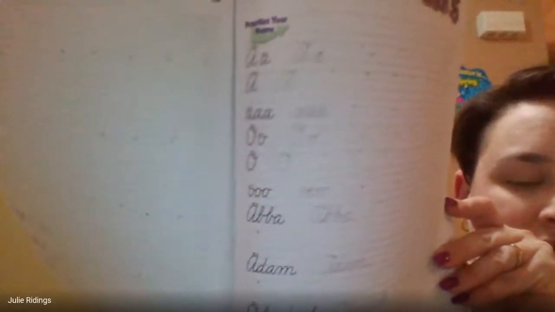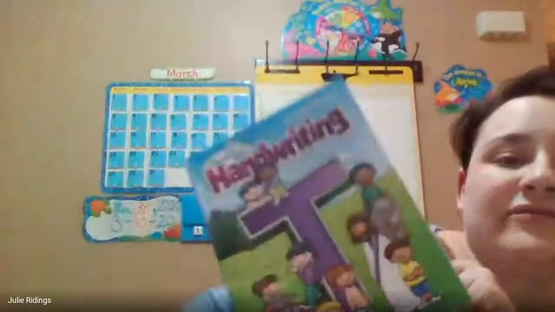And we have review letters A, O, and then the words they give us are Abba, Adam, Obadiah, and Omega. They are taken from the Bible because our handwriting book is from scriptures.